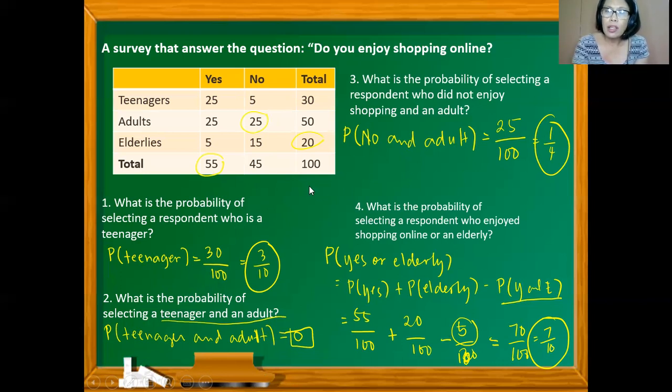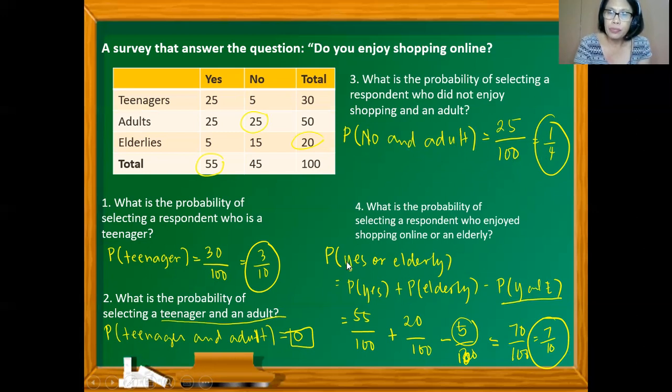Now, in calculating the joint probability, for instance here, you have to count how many outcomes satisfy the two descriptions here: the total number of respondents who did not enjoy shopping and, at the same time, how many of these respondents are adults. That would be the numerator. It's always over the number of observed data.